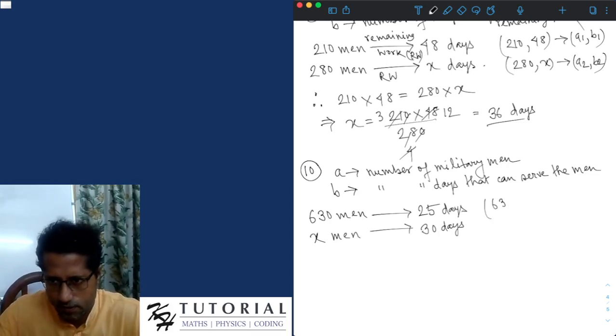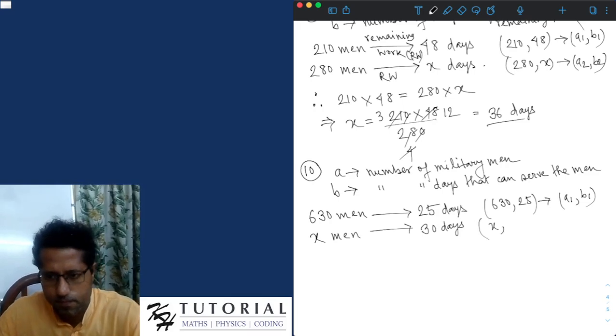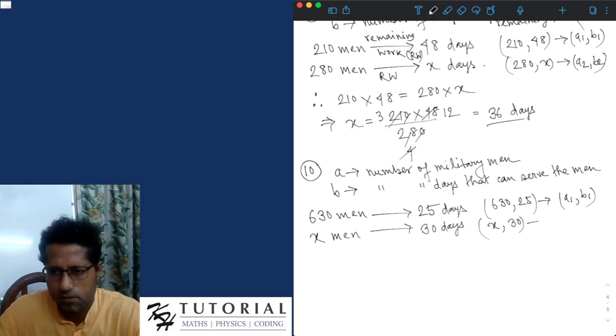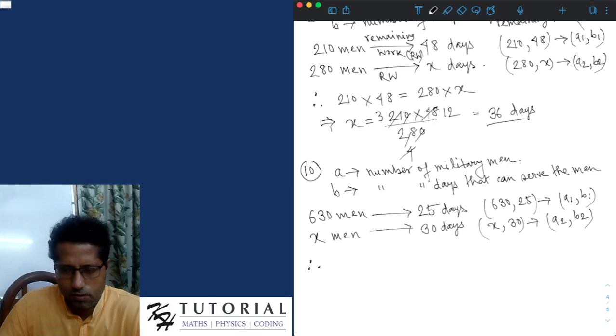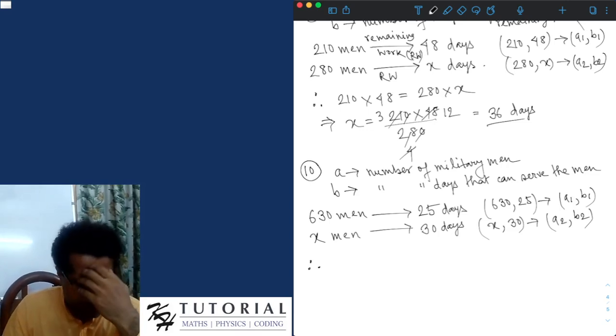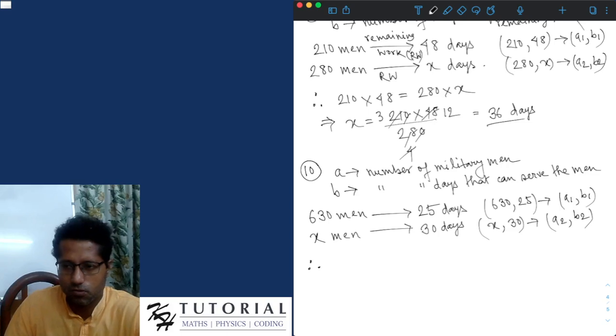So 630 and 25 correspond to the values of A1, B1, and over here X comma 30 is the value of A2, B2. Therefore, since these two quantities are in inverse variation, the product will be constant, that is A1 B1 equals A2 B2.